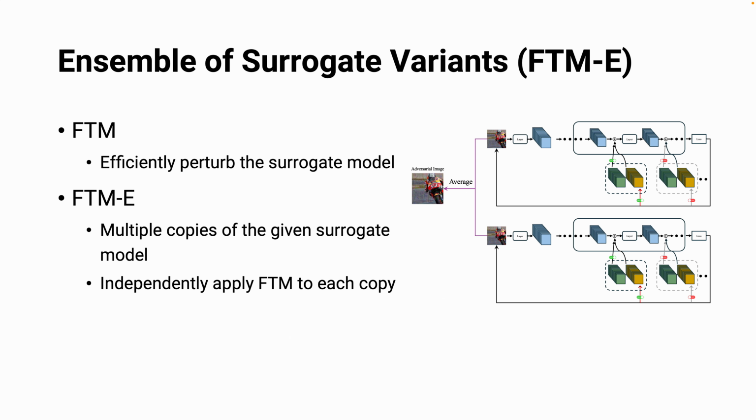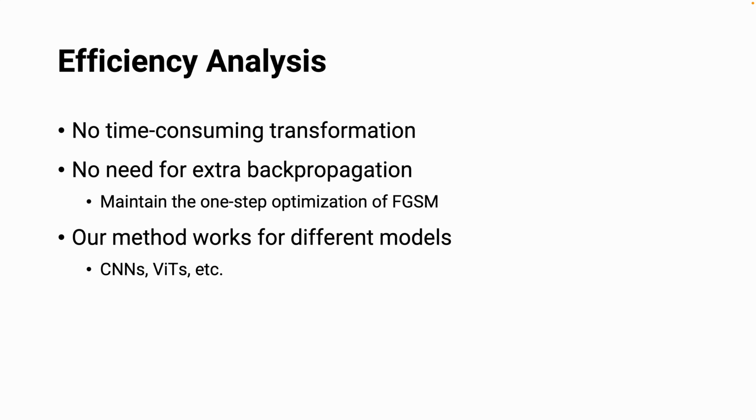Since FTM can efficiently perturb the surrogate model, we further enhance the attack using an ensemble strategy. We create multiple perturbed copies from the same surrogate model, apply FTM to each one independently, and combine them into an ensemble. Now, for the efficiency analysis.